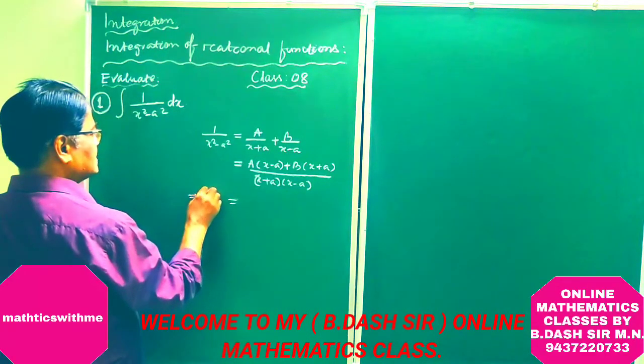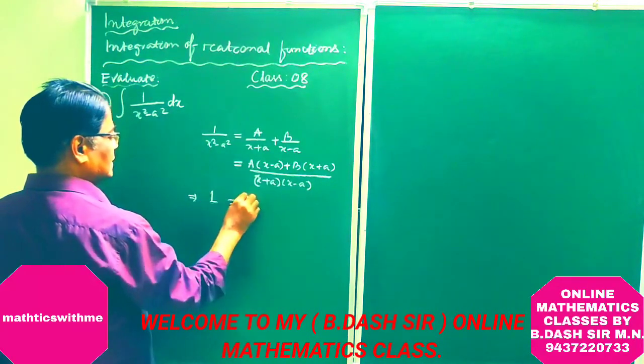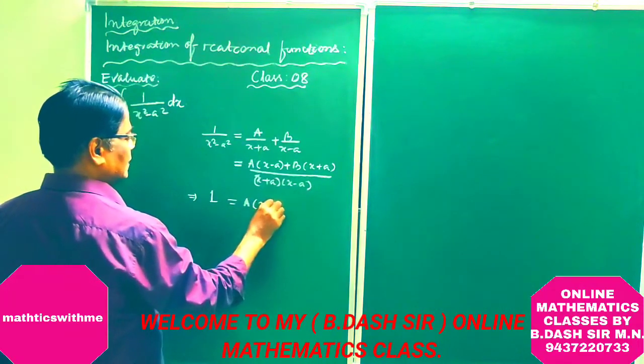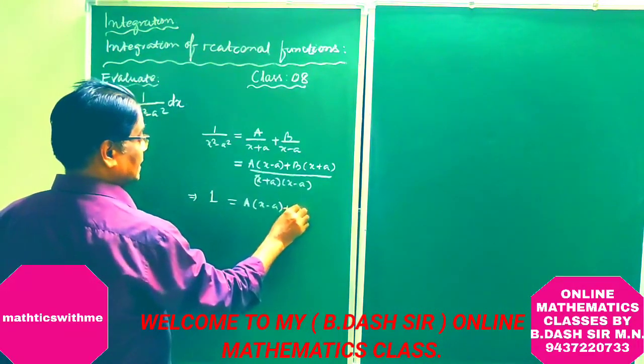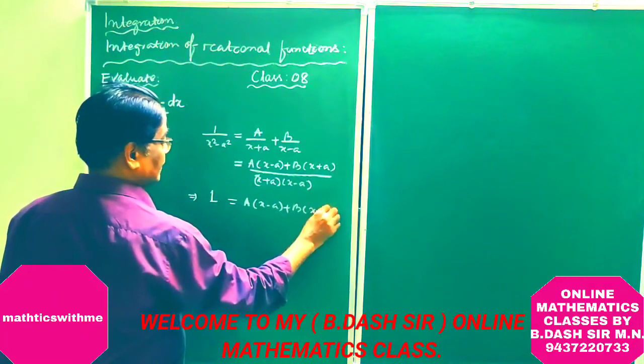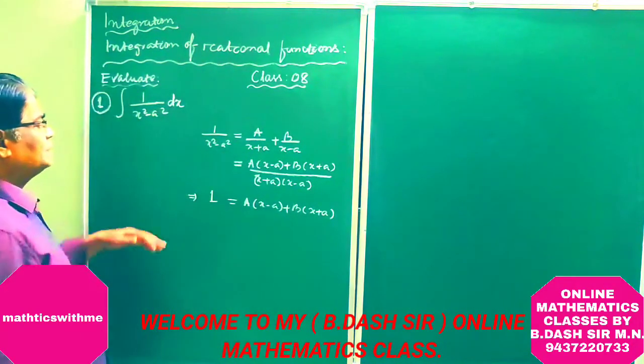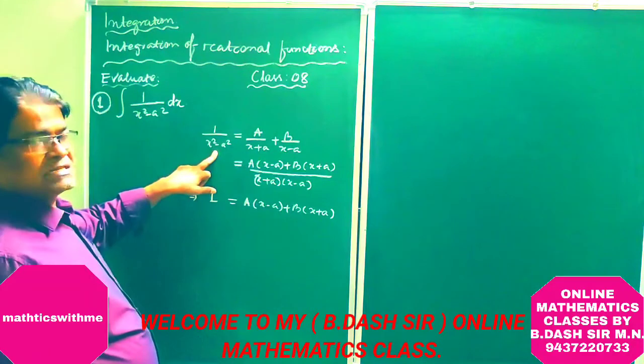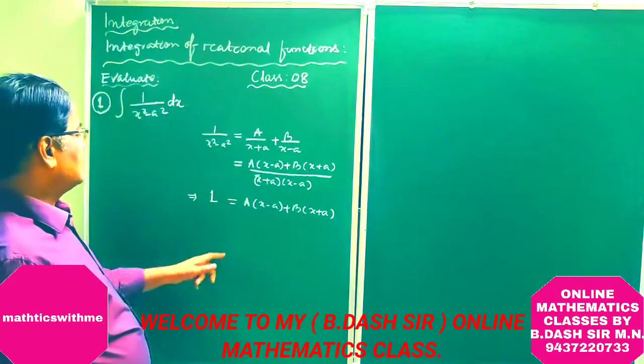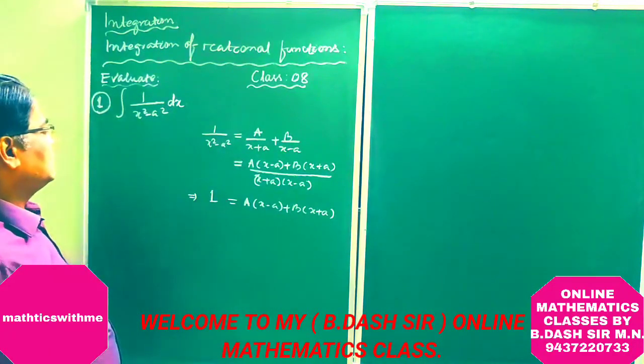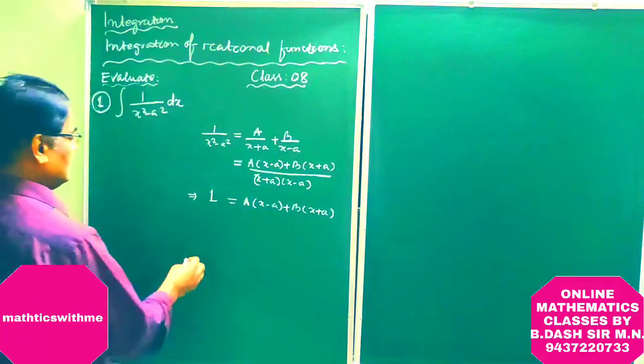This implies 1 is equal to A into x minus a plus B into x plus a. Now we cancel the denominator on both sides and equate the numerators, and we get this expression.